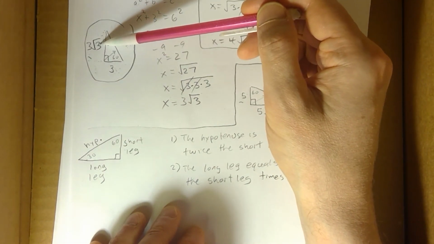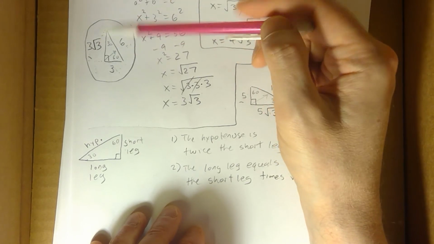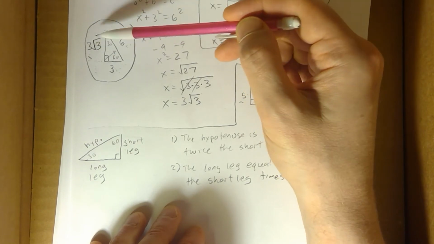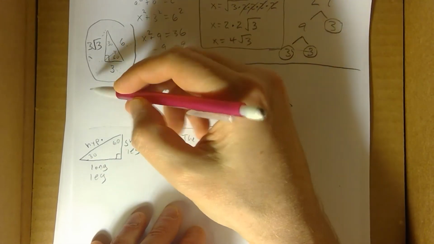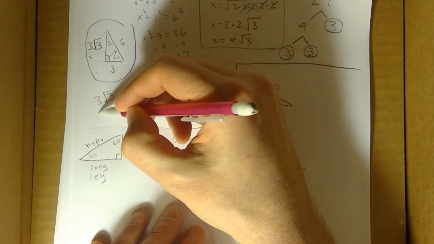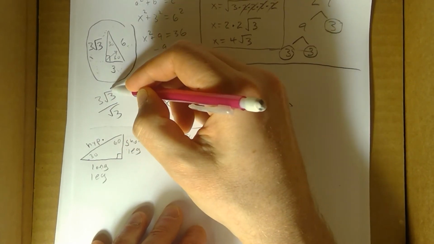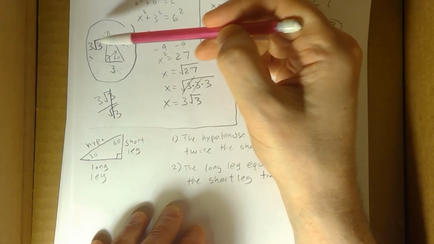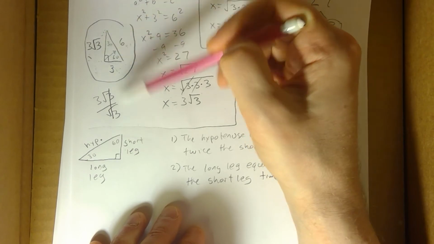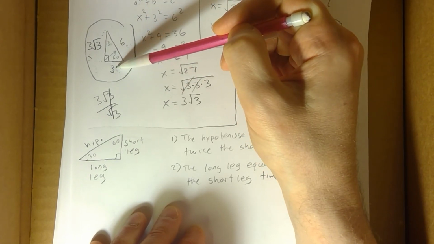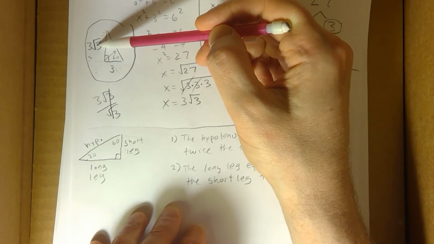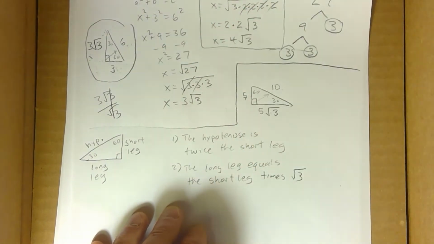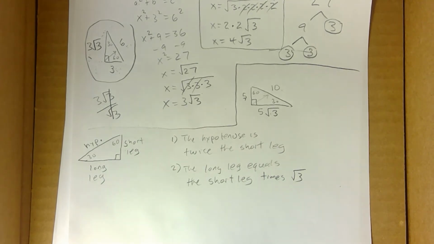That would be the opposite of that, right? But what that really ends up meaning is that you take the long leg and you get rid of the square root of 3. If I divide 3 square root of 3 by the square root of 3, these cancel out, and I end up with what I want. But an easier way to think about it is if you have the long leg and it has a square root of 3, just get rid of the square root of 3 and you will be good to go.